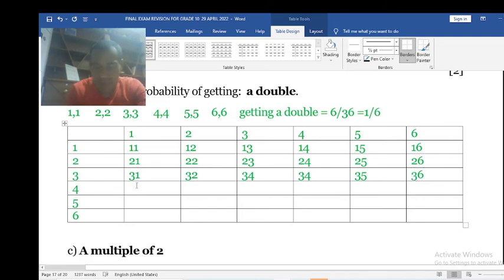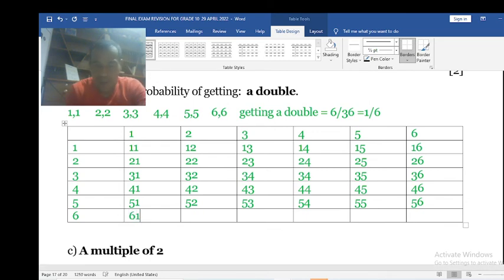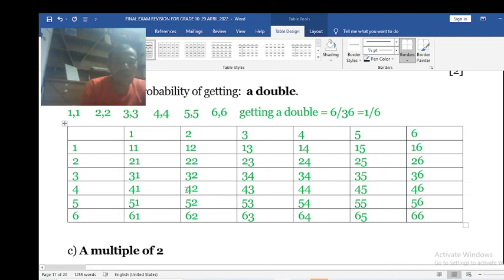We have 4,1, then 4,2, then 4,3, then 4,4, then 4,5, then 4,6. And the next outcomes: 5,1, then 5,2, then 5,3, 5,4, 5,5, 5,6, and the last one will be 6,1, 6,2, 6,3, 6,4, 6,5, and 6,6. So these are the possible outcomes that are given here.